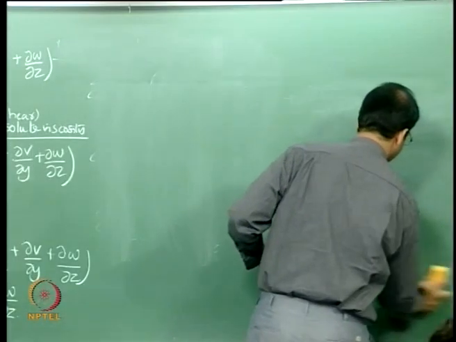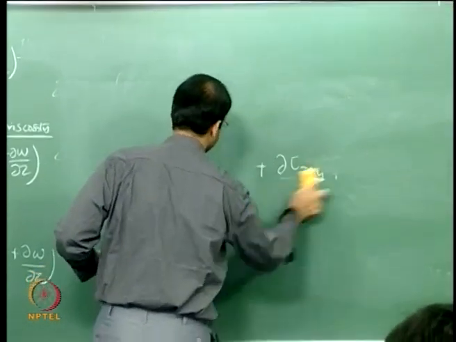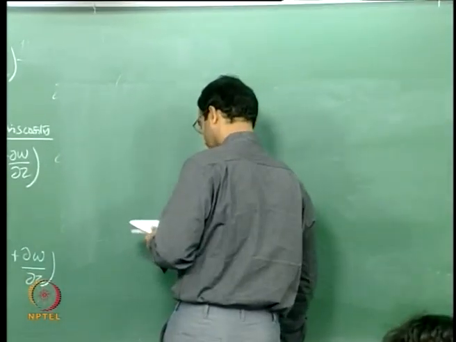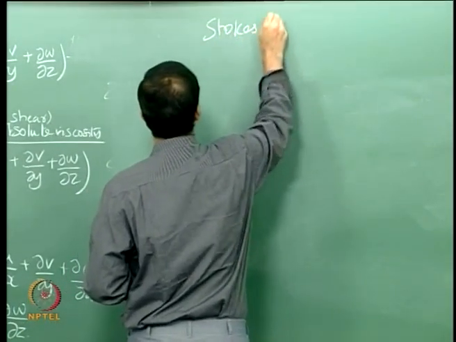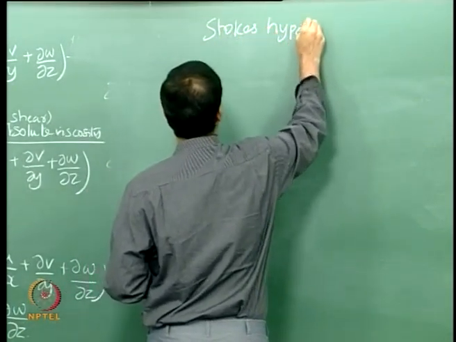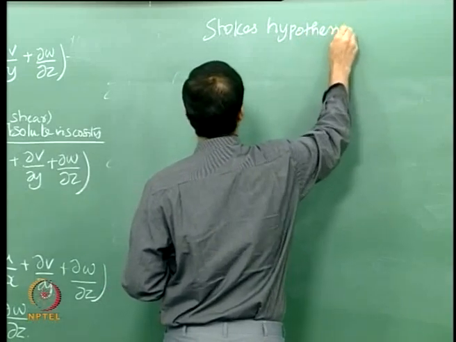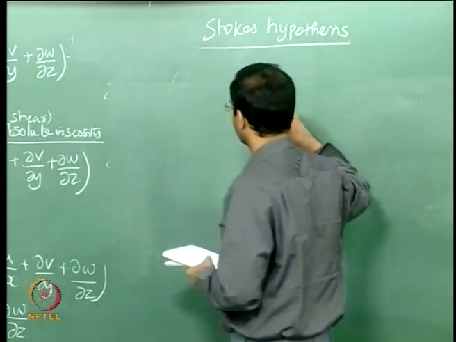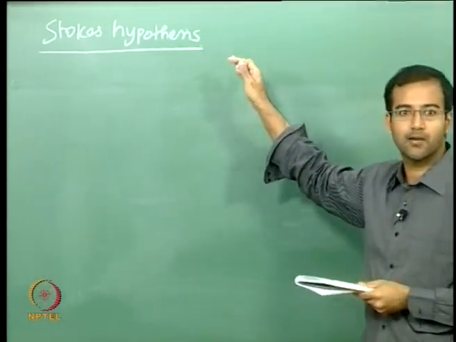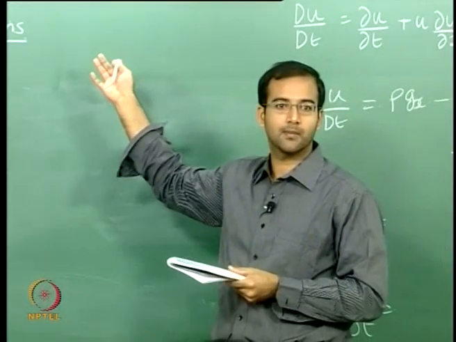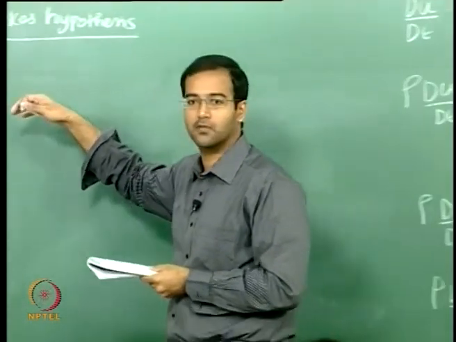So we are introducing approximations one after the other. The Stokes hypothesis states... So this is a hypothesis, as you can see from the name. Stokes hypothesis means people have not exactly verified it. It's a mathematical convenience to reduce the number of unknowns.